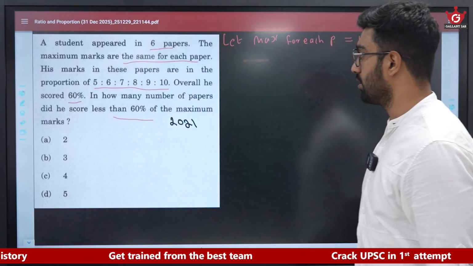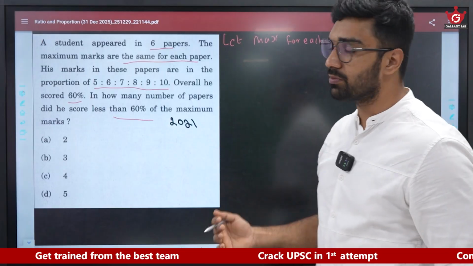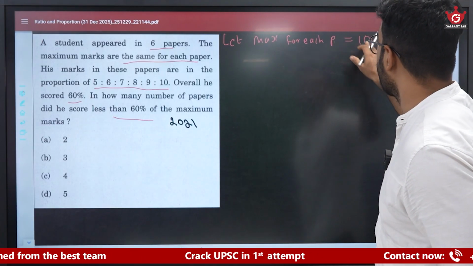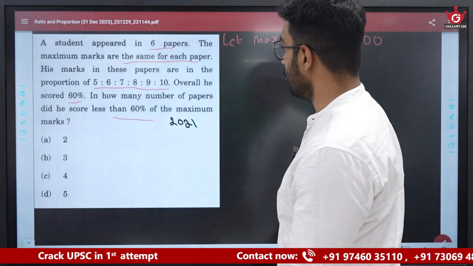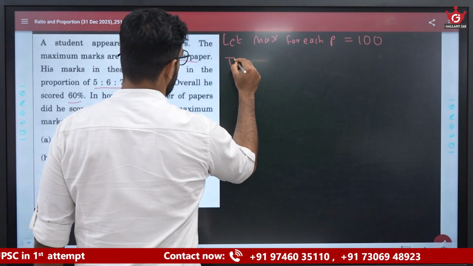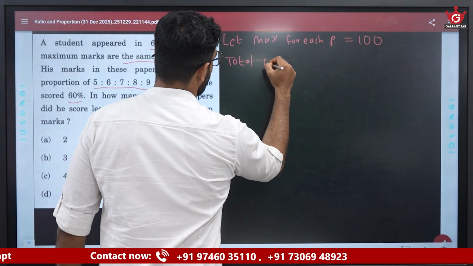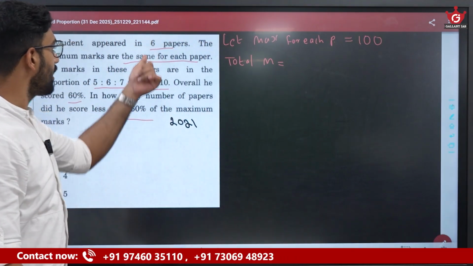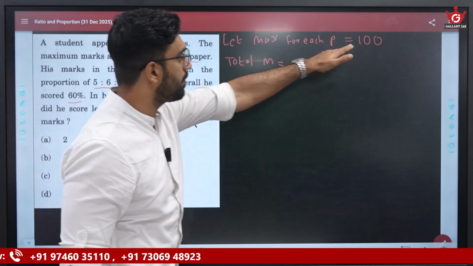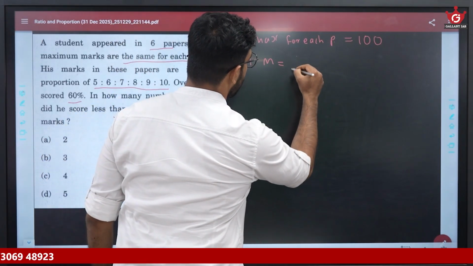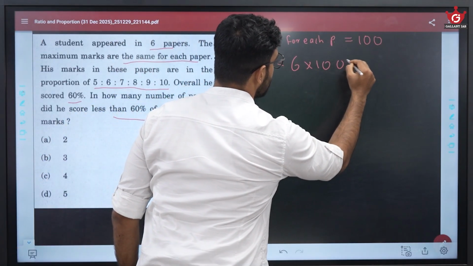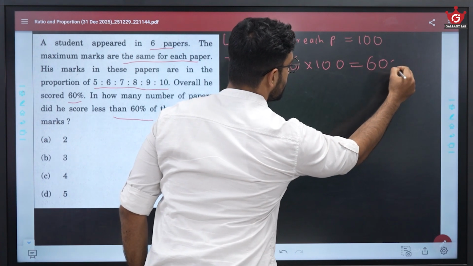We don't know the maximum mark, so let us take 100 as the maximum mark for each paper. There are 6 papers, so the total mark is 6 into 100, which is equal to 600.